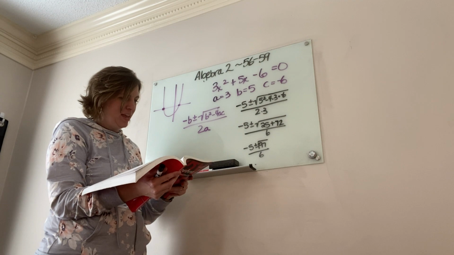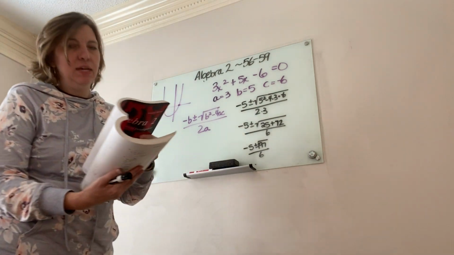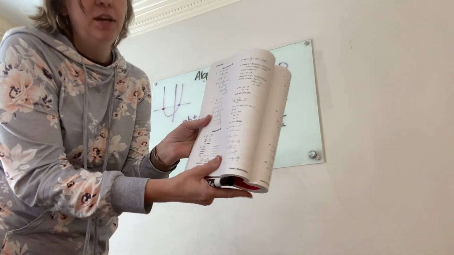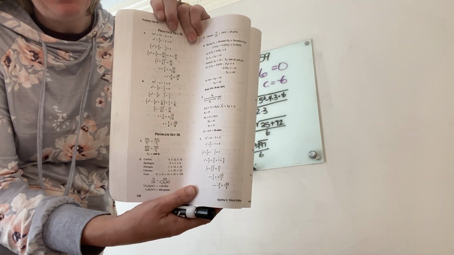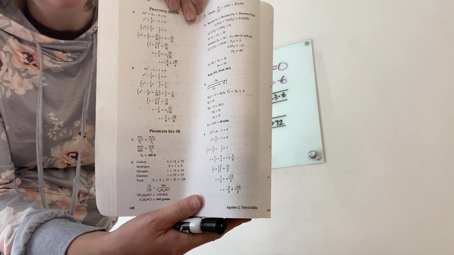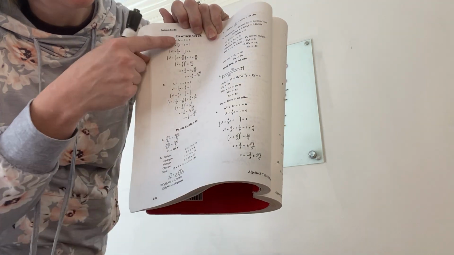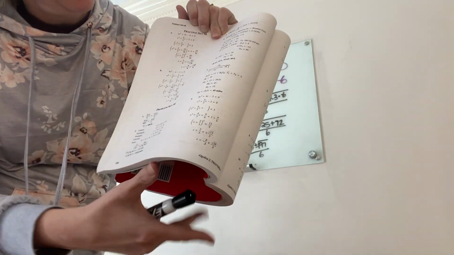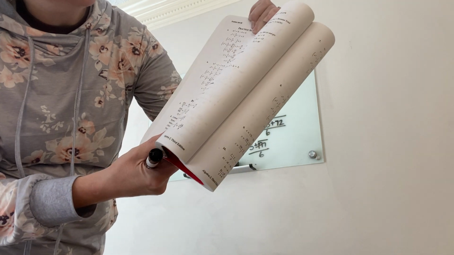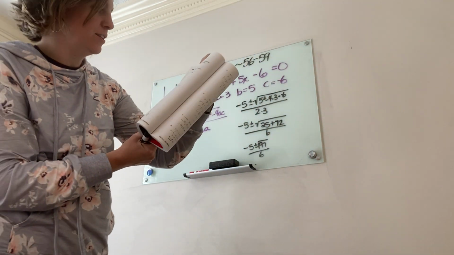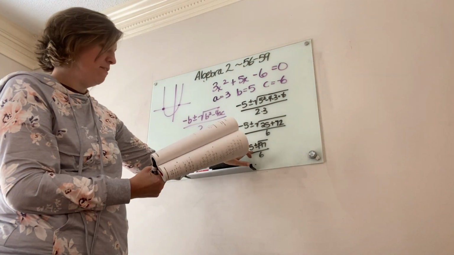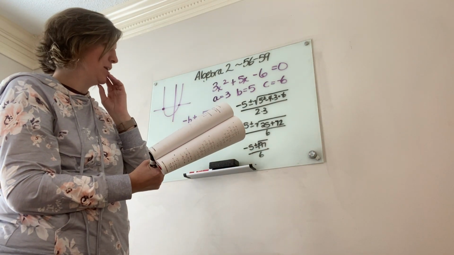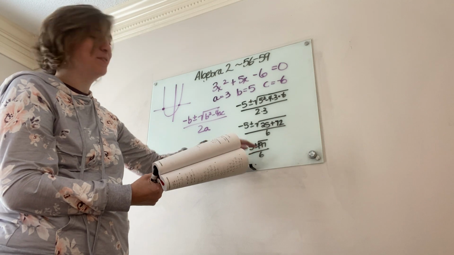So the book did it this way. I'm not sure if you guys are able to see that clearly, but it took them this long, and their final answer was -5/6 plus or minus the square root of 97 over 6.